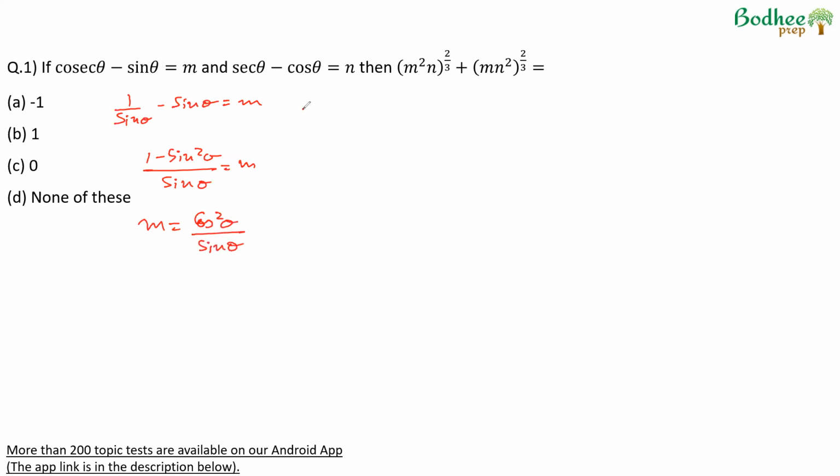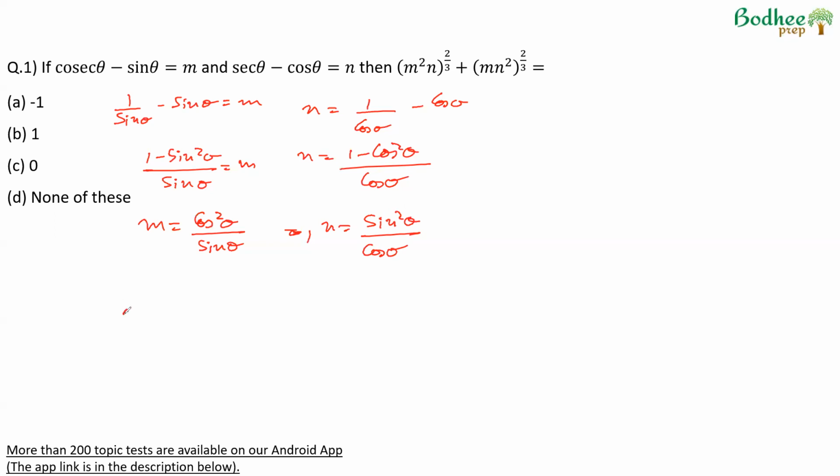If we look at n by a similar logic, this will be 1 upon cos theta minus cos theta, 1 minus cos square theta upon cos theta. 1 minus cos square theta is sin square theta, upon cos theta.